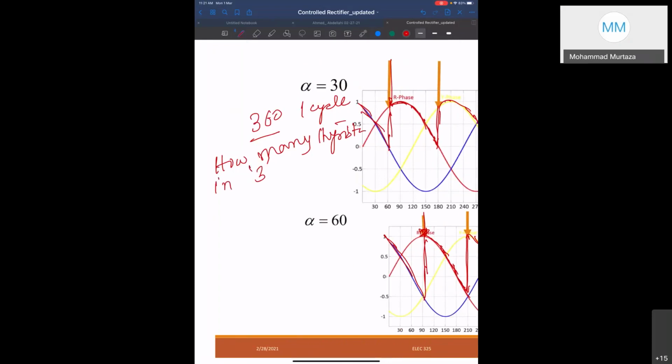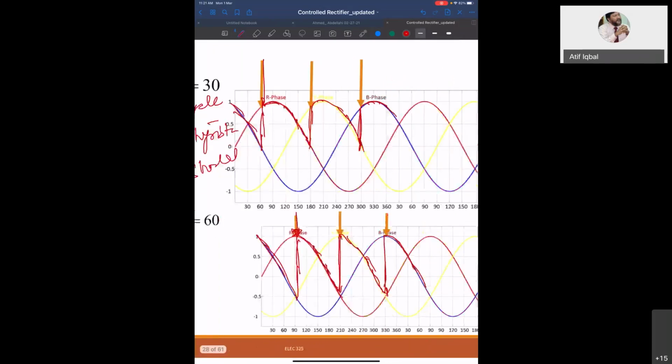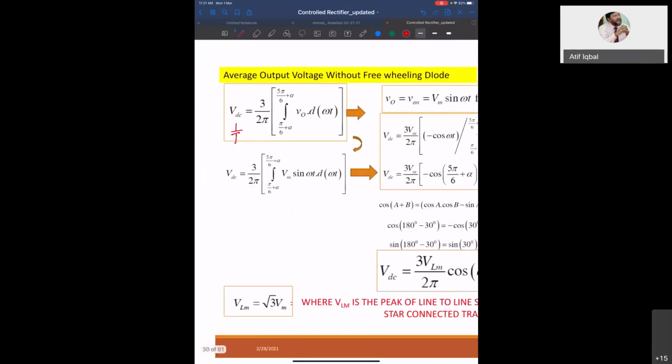So each one should conduct for 120 degree. So the time period is 2 pi by 3, and 1 upon 2 pi by 3 is the factor.